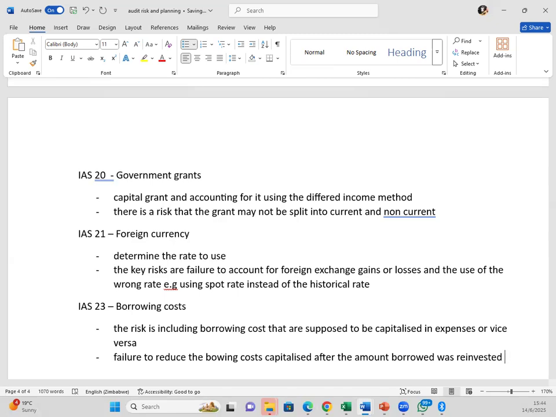If you borrow money to construct a fixed asset, and you give that money to someone else as well, and they give you interest, we said in F7 that the amount you have received should reduce the borrowing cost.